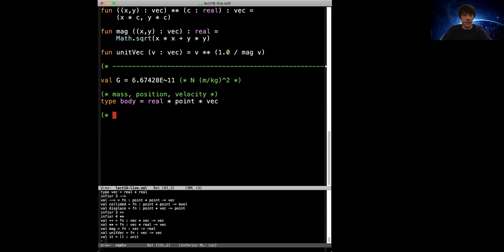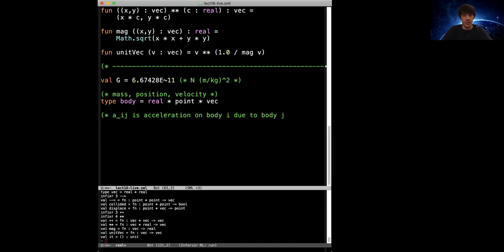And I've copied in my gravitational constant here. So now, remember, we were defining before a_ij as the acceleration on body i due to body j.